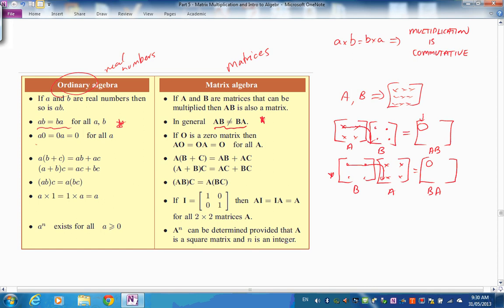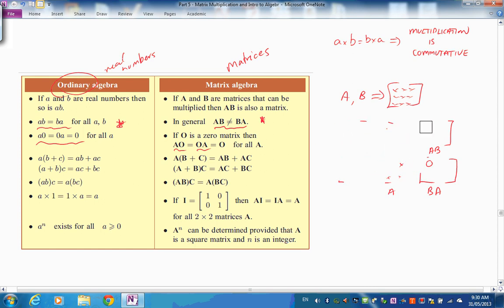Okay, now in real number land, if you multiply by 0, the number disappears. Any number times 0 is 0. Now here, if you multiply by the 0 matrix, let's have a look at that too. Let's just clean this up a little bit here so you can understand this one. So what we're doing is we've got a matrix, let's call it matrix A. Again, let's just make it square.